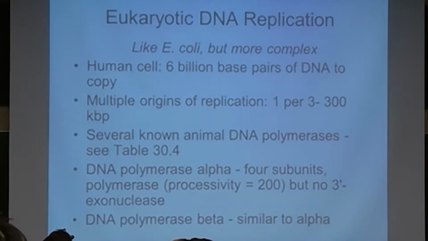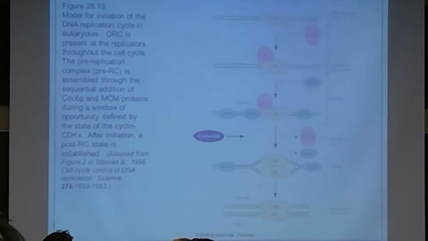So in eukaryotes, there are many different DNA polymerases. We are not going to get into the detail. This is eukaryotic specific replication, origin of replication system.